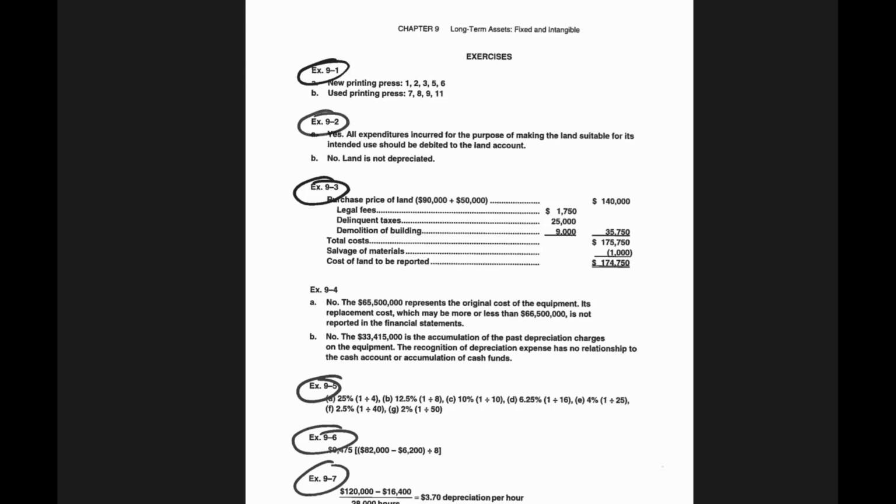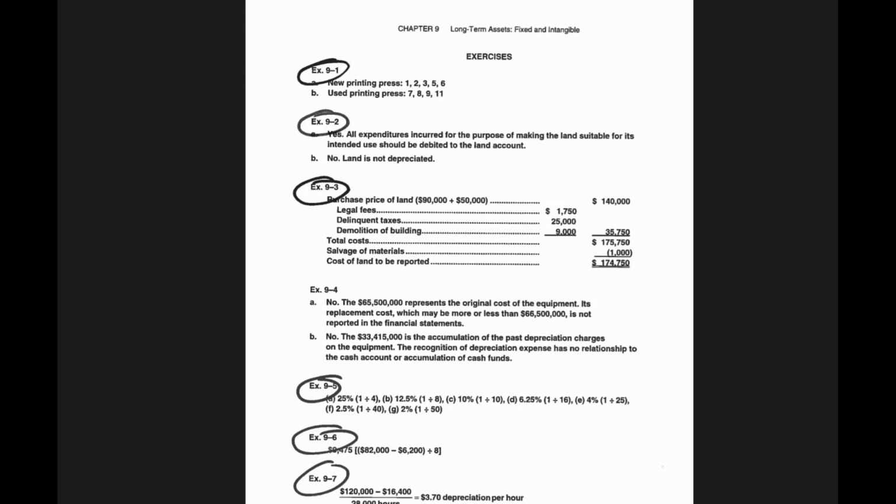And then they ask about land. Should that be depreciated? And the answer to that question, and that is the same answer for all cases, land is never depreciated. So even if there was a tornado that came through and wiped out the building, that land is still there. That doesn't go away, so we don't depreciate that.